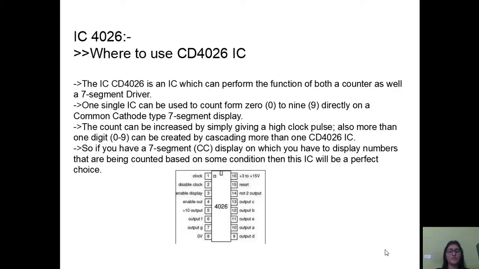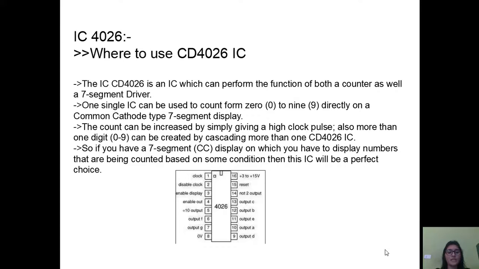The second IC I use in my project is IC CD4026. Where to use the CD4026 IC? The IC CD4026 can perform the function of both a counter as well as a 7 segment driver. One single IC can be used to count from 0 to 9 directly on a common cathode type 7 segment display.